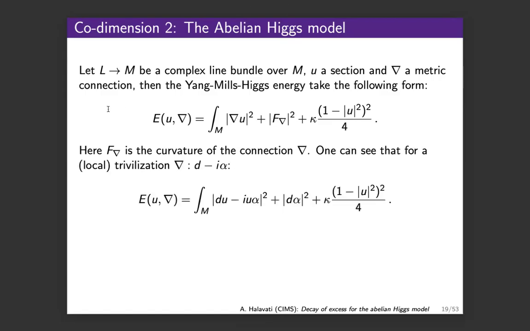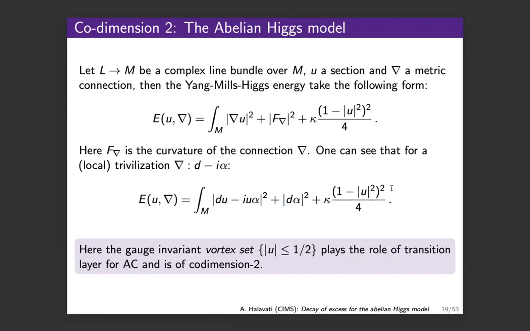You get a local trivialization. So you get that this connection is the gradient minus some twist with some one-form, right? You get a twisted Dirichlet energy. You get the exterior derivative, which is a 2-form, and you get this potential. Okay.